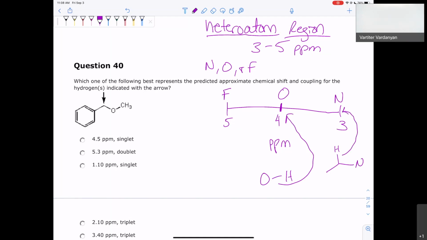Whereas if he gave you something like this, that would be around 3, but a little bit higher than 3. And if he gave you HF, that'll be right at this 5 region. So when he gives you questions like this one on the board, that's how he wants you to differentiate between 4.5, 3.4, and 5.2. Make sense so far? All right, awesome.